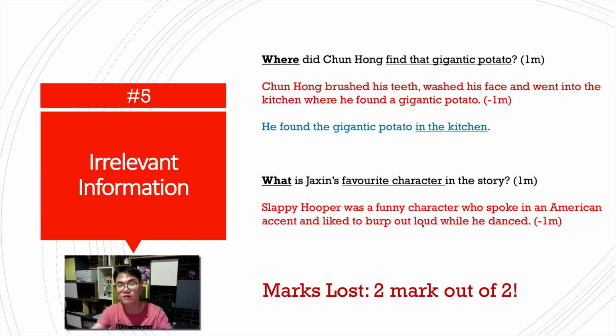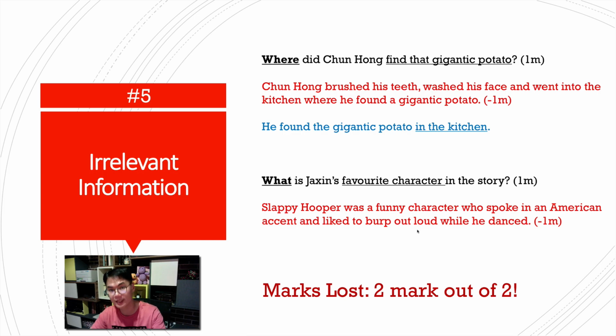I just give this whole chunk of information that was not asked for. I didn't ask what Slappy Hooper was like, or what Slappy Hooper liked to do when he danced, right? So the question is, what is Jacin's favorite character? This answer does not answer the question. Therefore, you will get 0 for this answer as well.